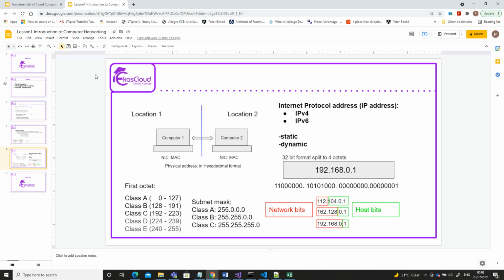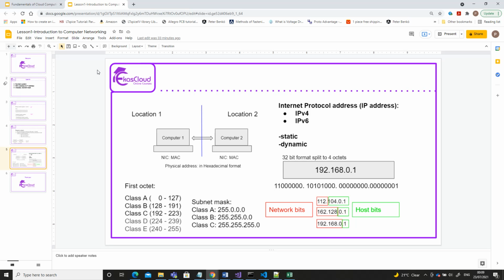And if it's class C, then 255 three times goes for network bits and 0 goes for host bits. So this is also another way to identify the classes A, B and C.